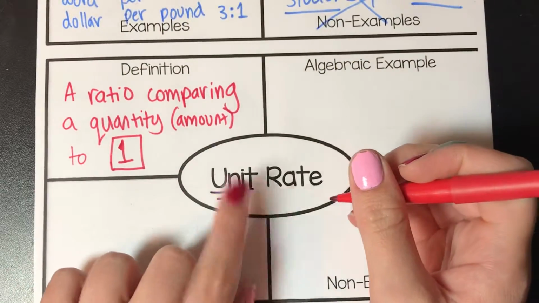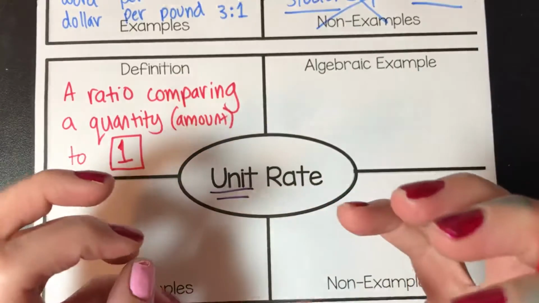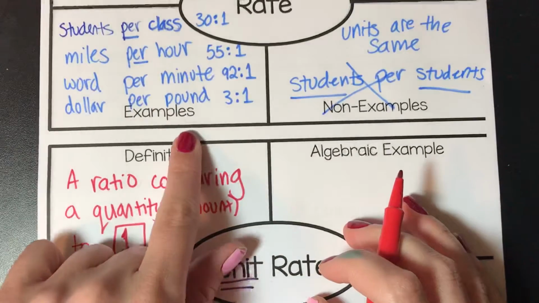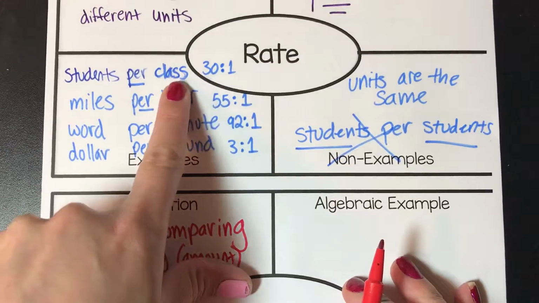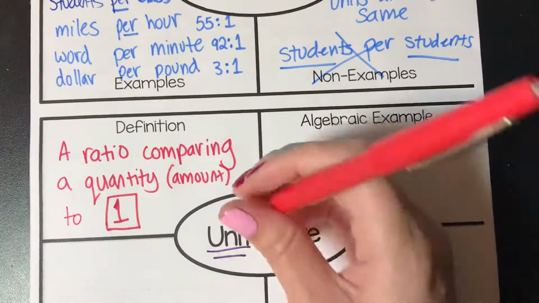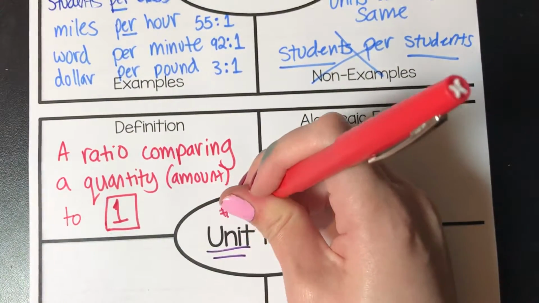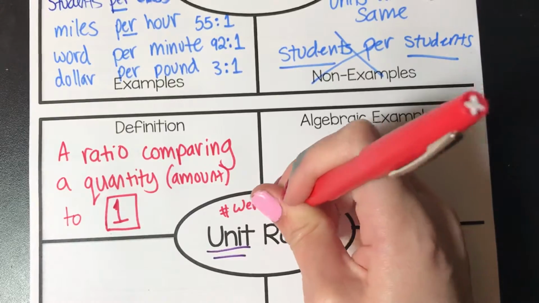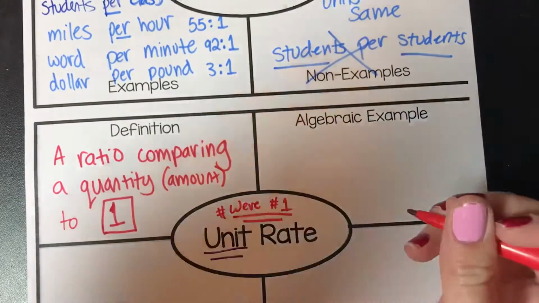Unit rate. It's always comparing something to every 1 pound, 1 minute, 1 hour, 1 class. If you need help remembering it, we're number 1. Like we're chanting it.